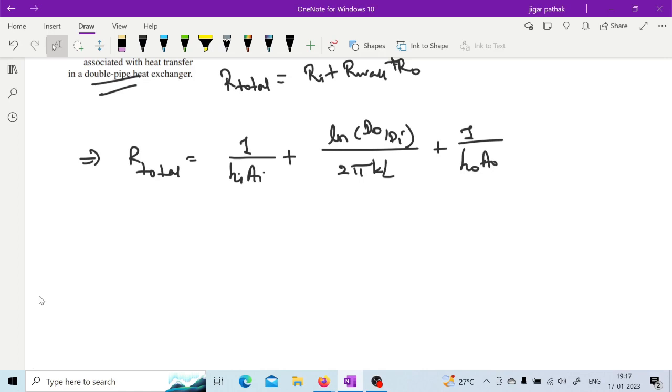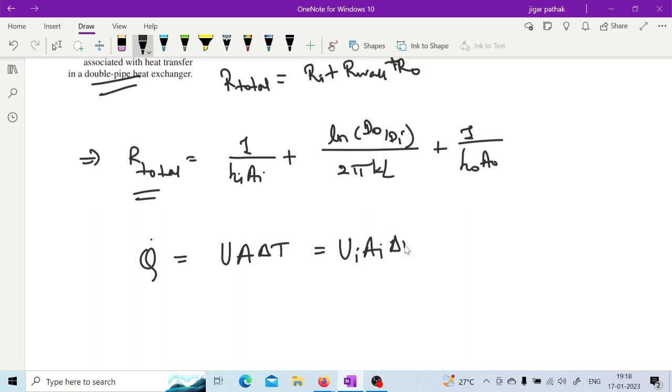Once you have an idea about this resistance, we can also represent the heat transfer using the overall heat transfer coefficient, the area and the temperature difference, right? Basically, the heat transfer will be seen at both the inner and outer areas of that double pipe.